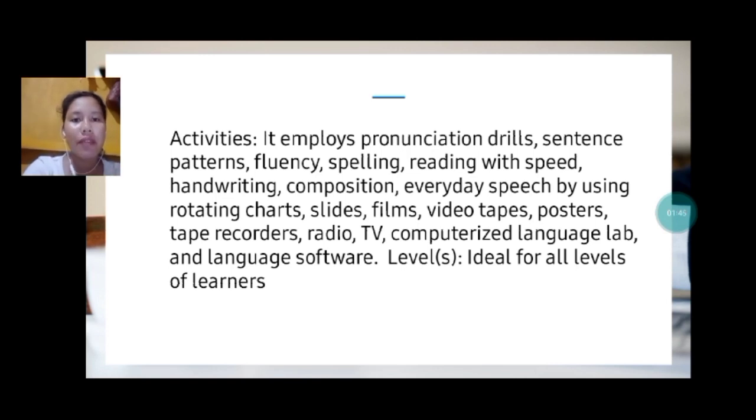The activities of this method is, it employs pronunciation drills, sentence patterns, fluency, spelling, reading with speed, handwriting, composition, everyday speech by using rotating charts, slides, films, videotapes, posters, tape recorders, radio, TV, computerized language lab, and the language software.